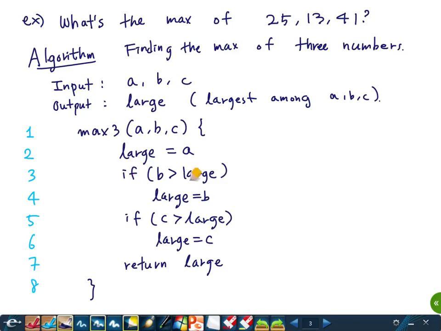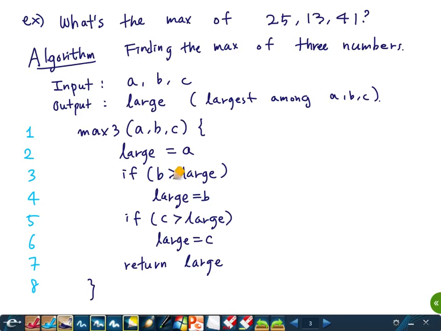Now we have what's called an if statement. If I write if and some parentheses, it means inside of this parenthesis, there will be some kind of statement that can be either true or false. It's something like a proposition. If this statement is true, it will perform the things inside of this if statement.